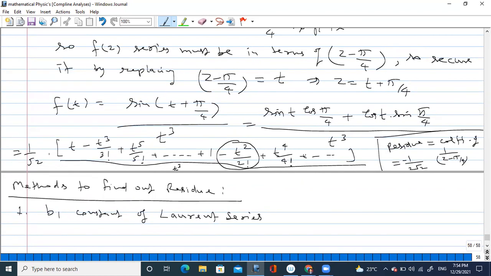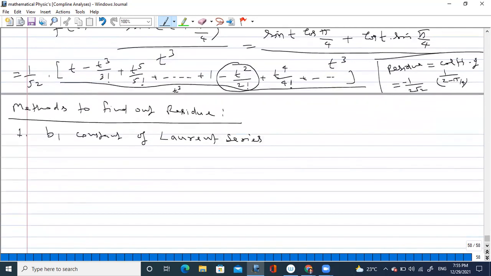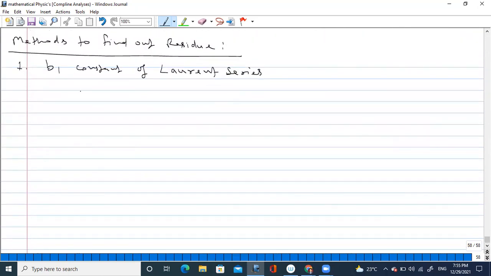What is the maximum 1 by t term? Sir, it's coming for 1 by t square. 1 by t square is maximum, na? So that will be the order. Means from the principal part, the highest term you will find out. So B1 constant of Lorentz series.